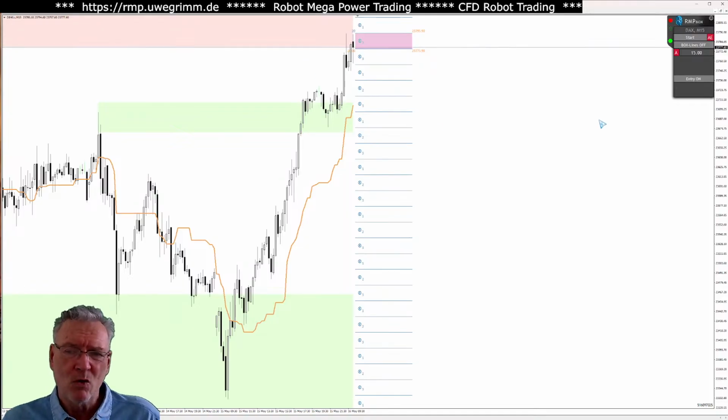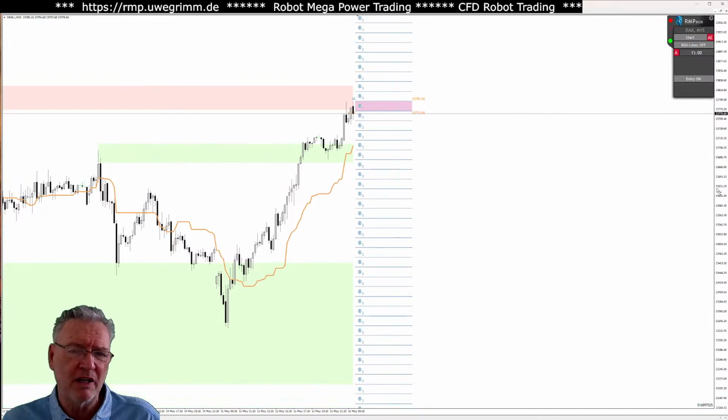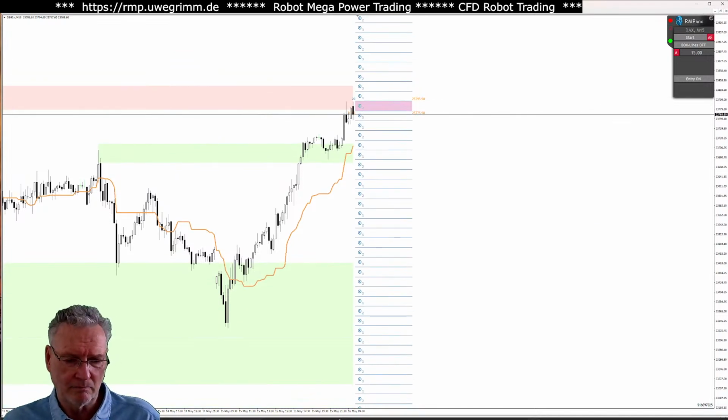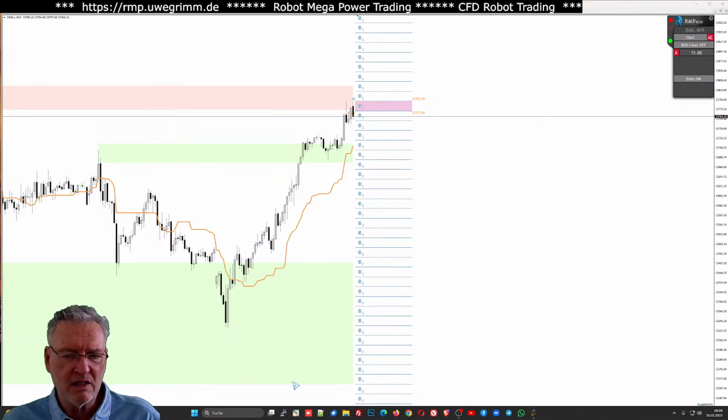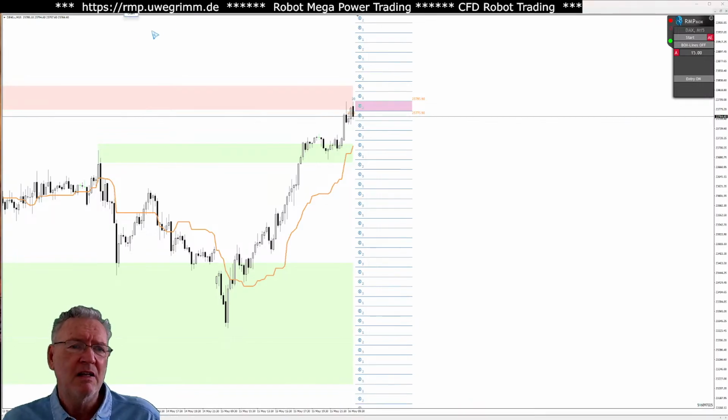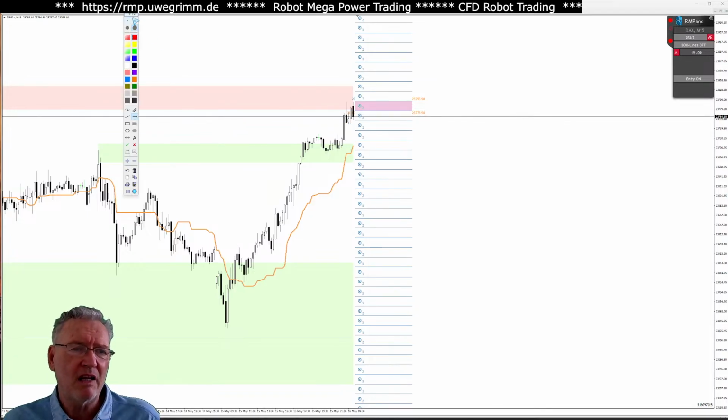Now we have support and resistance zones. What is a support zone? This is a part of the chart where the market seems to go, but there is a resistance.